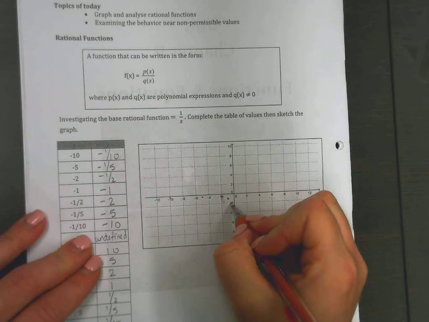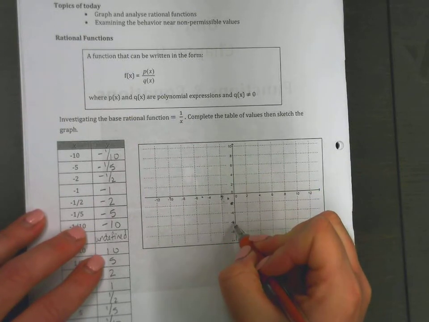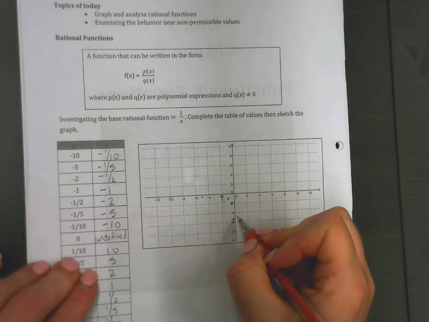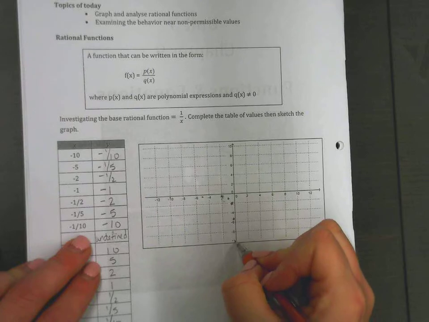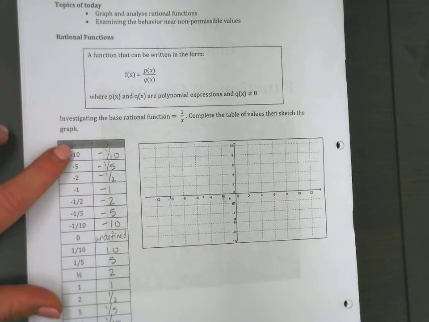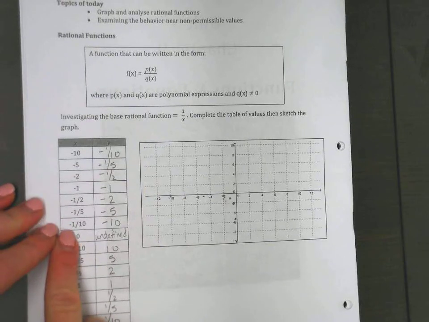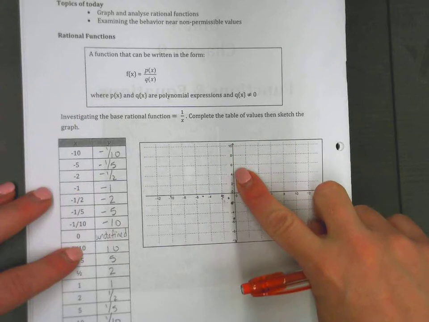As you can see, as my x values are getting closer and closer to 0, my y value should be getting closer and closer to the y-axis, but will never actually cross this y-axis. And when x is 0, if I substitute 0 into this expression, 1 divided by 0 becomes an undefined value.